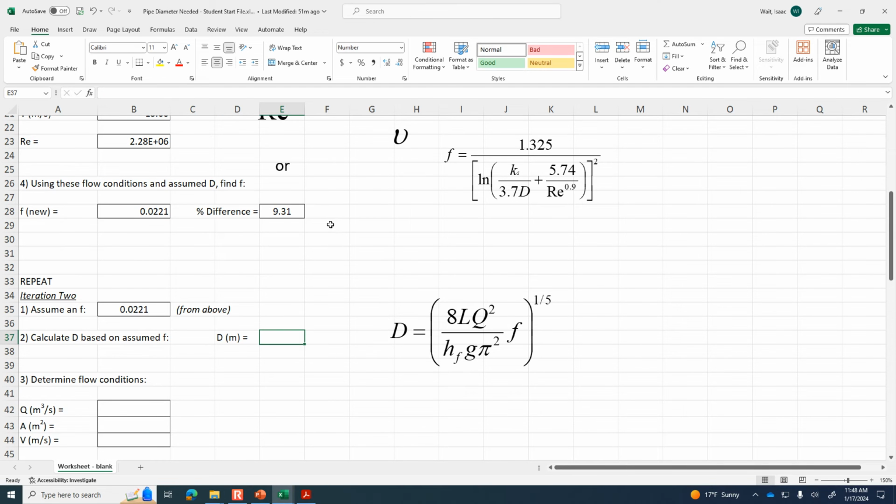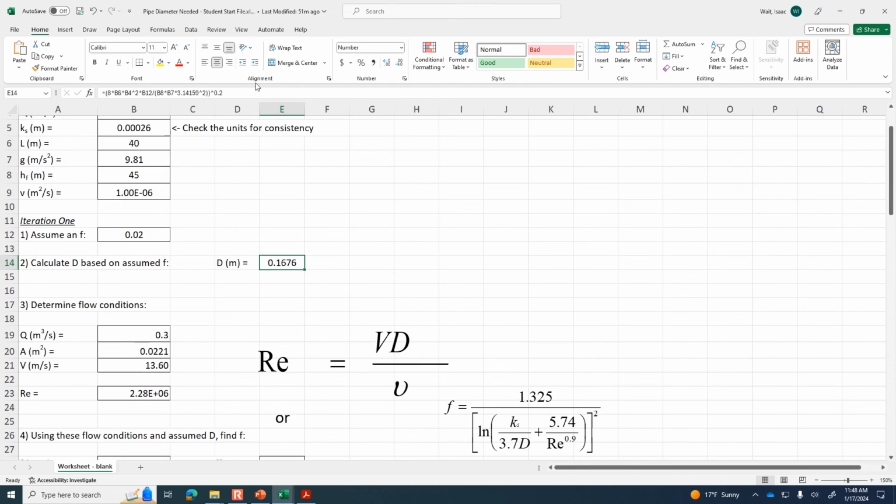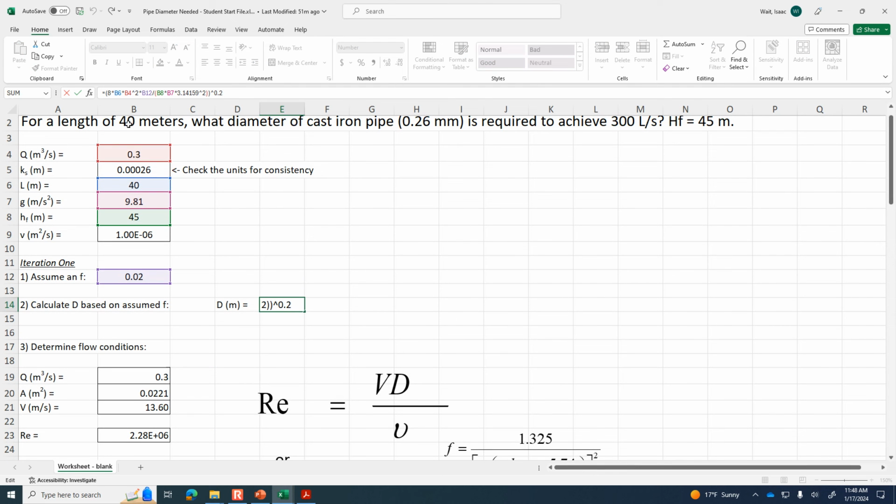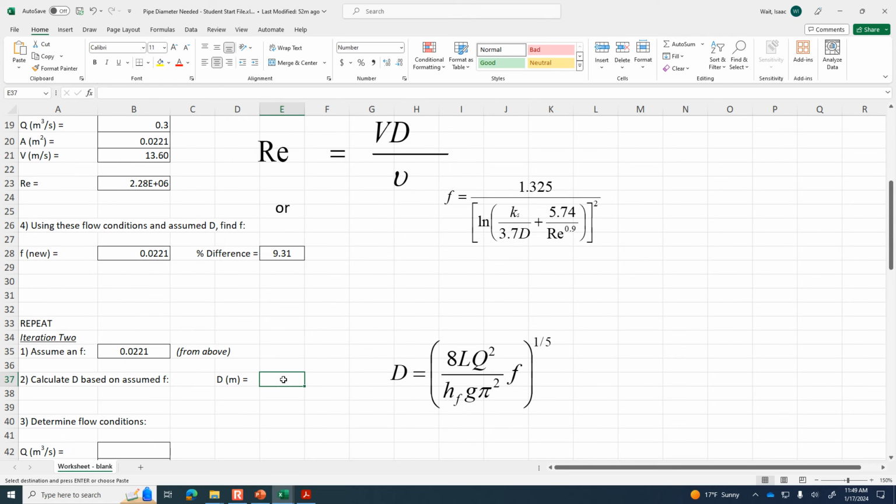So what I can do, since this is based on, I should probably anchor some references if I want to be able to copy it down, because I always want it to look at, for example, the Q, the L, the G. So if I do the F4 and make all those references absolute that need to stay absolute, then I can copy this, Control C, and then paste it here.